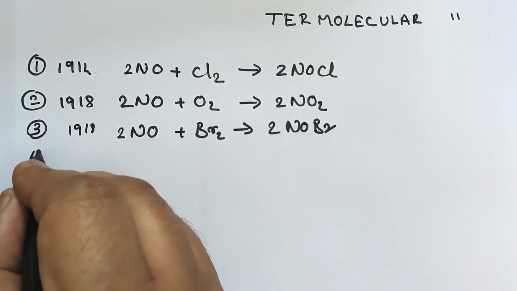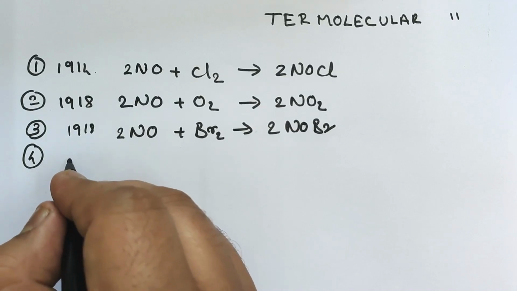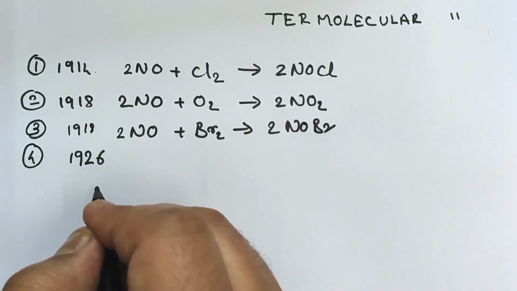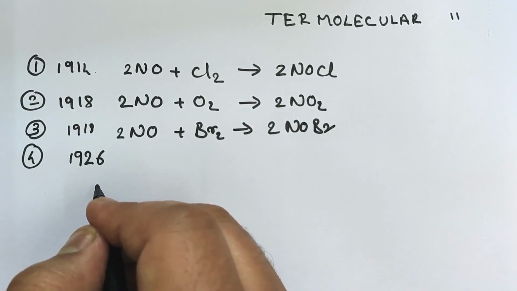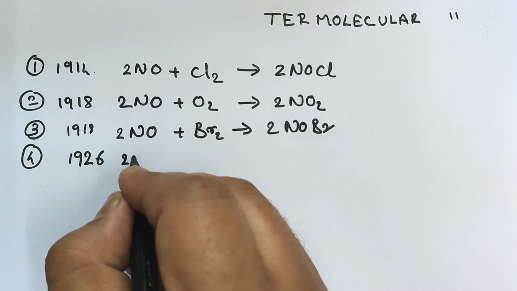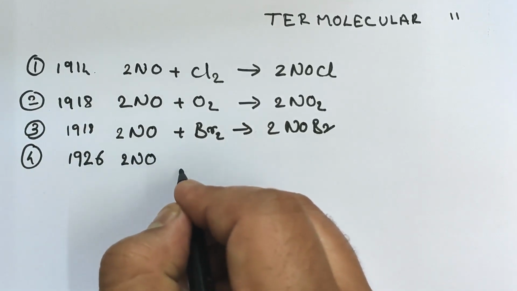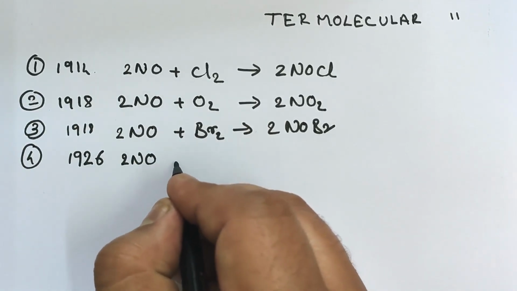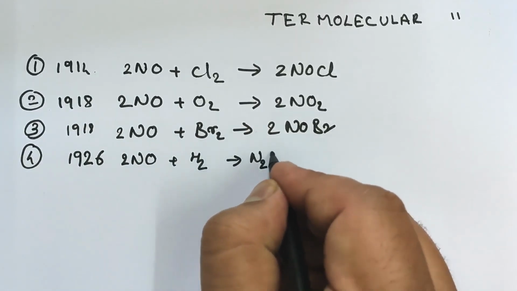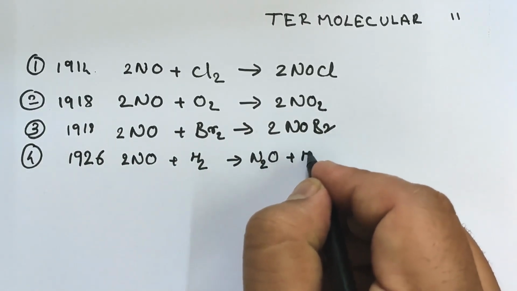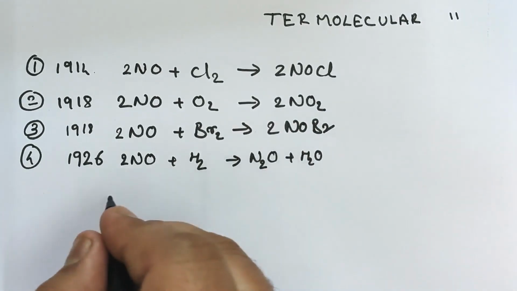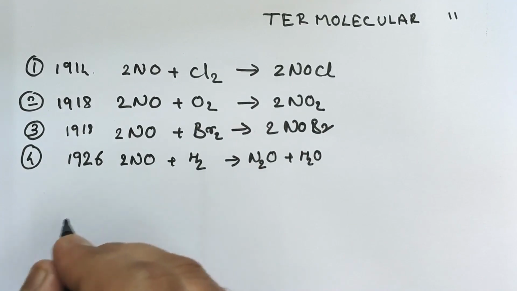Then the fourth reaction of the trimolecular type was reported in 1926 by C.N. Hinshelwood and Green, and the reaction was between nitric oxide and the hydrogen molecule to give dinitrogen oxide and a water molecule. This reaction takes place only at very high temperature.